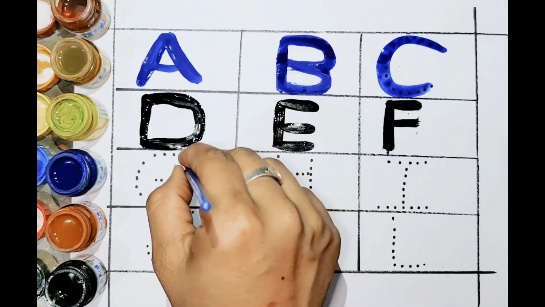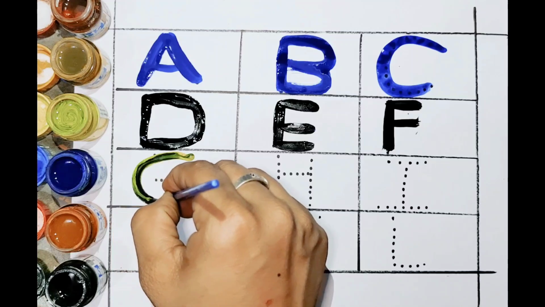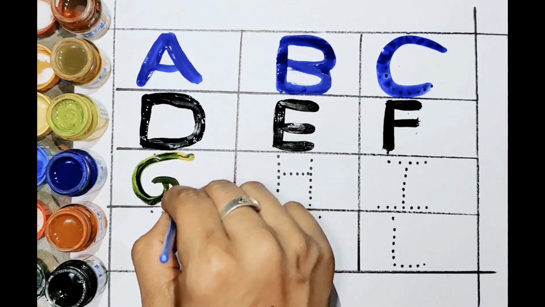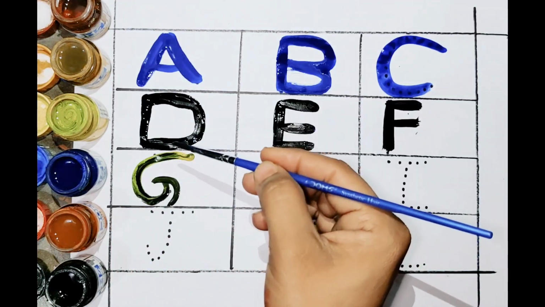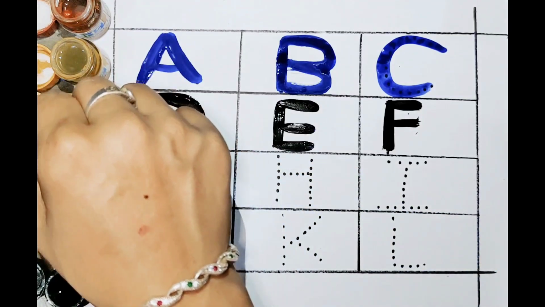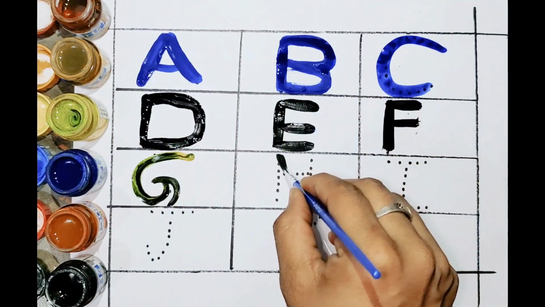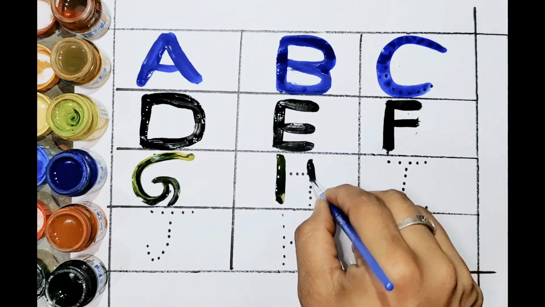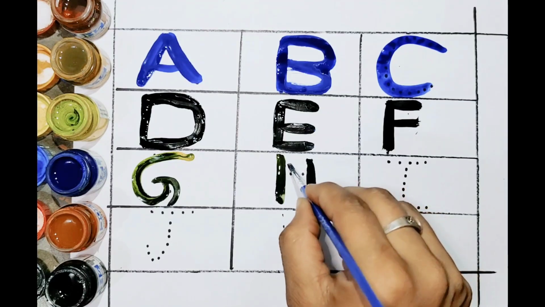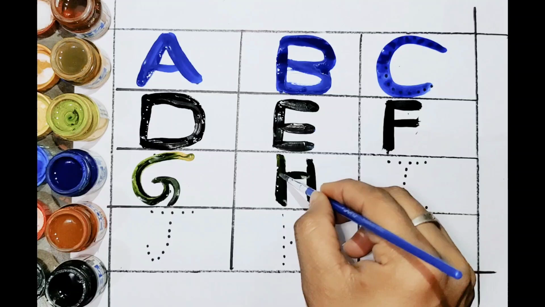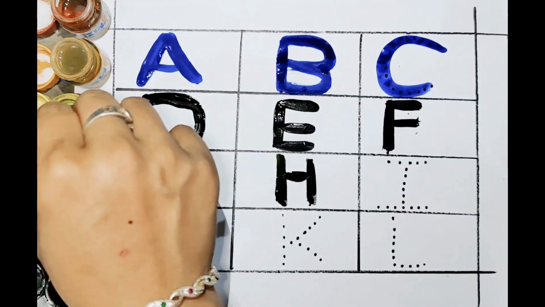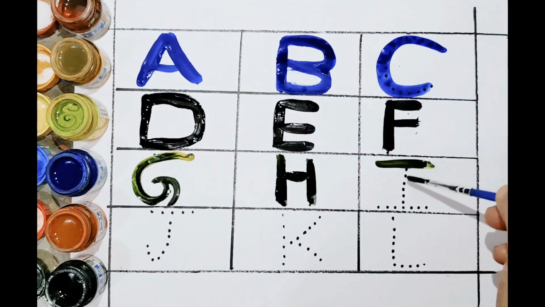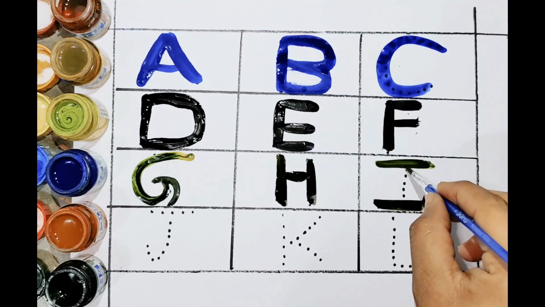G for gun, G for giraffes. H for hen, H for head. I for ice cream, I for ink.